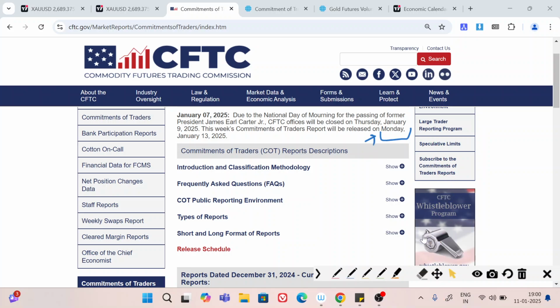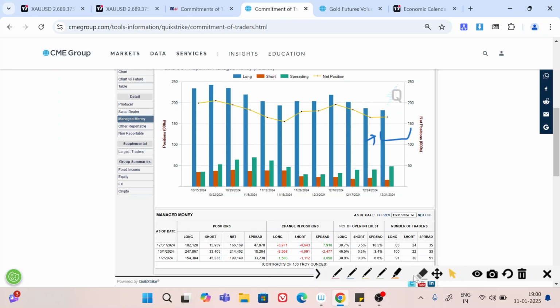But if we check the previous data, and if you remember my previous week analysis, you can see that the managed money was not ready for a bullish rally. If we check this particular period from October to December end, this was the highest long position.